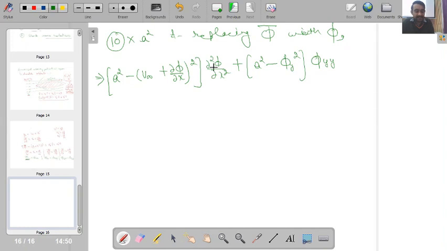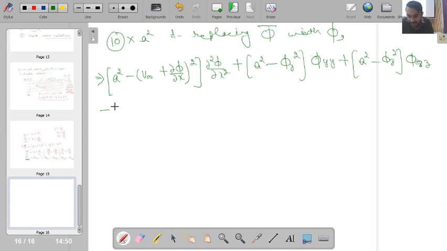So now I am writing it in the short form. Plus a square minus phi z square into, not phi bar, phi z.